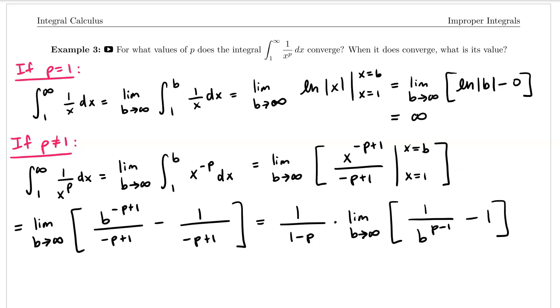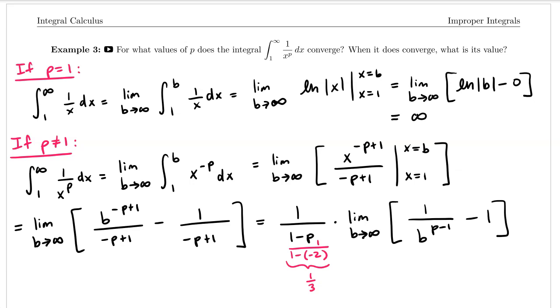So take a minute, pause the video, and think about what you think this limit might equal. It actually turns out that this limit is going to change depending on what p is. So let's just think about, suppose p was negative 2. So here this would be 1 minus negative 2, and that would be the denominator for 1, and so that would simplify to 1 over 3.